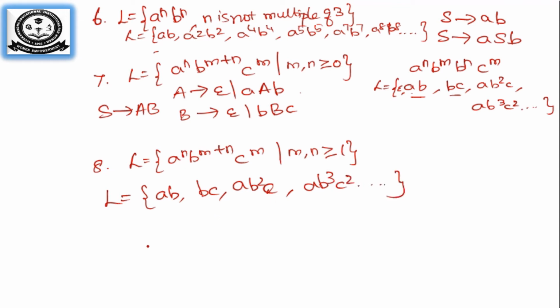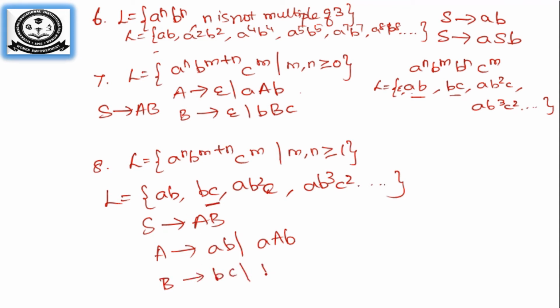So we will have the same rule, S is equal to AB, but the only thing is A has to be different. So we will take ab as input and you will have aab. Similarly, B can take the input bc, and this can again be substituted multiple times with c. So this is the production rule for this problem.